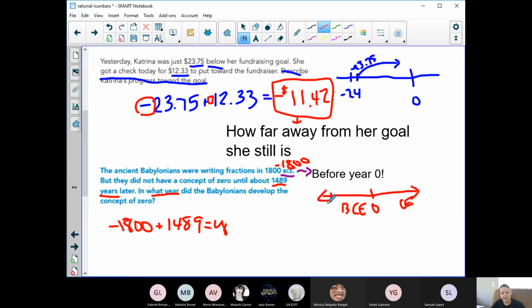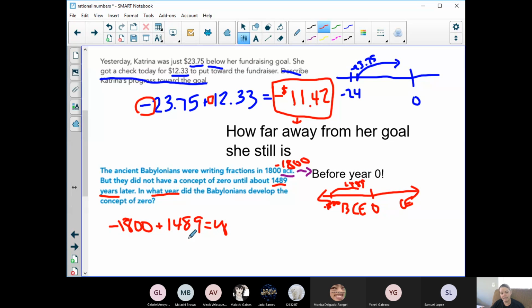So if we're starting at negative 1800 and we're only going 1489, am I going to go past 0? If I have 1800, right.